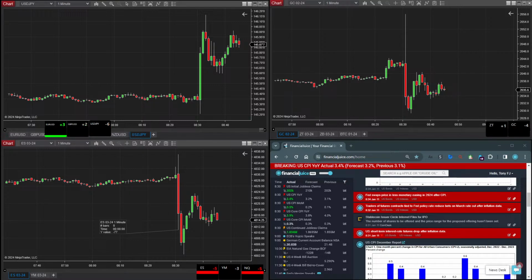So with quantitative tightening, remember, that is the Federal Reserve letting the bonds that they've bought roll off, i.e. just go towards maturity, so not cutting them off or selling those bonds off early. They're just letting them fill out their term.